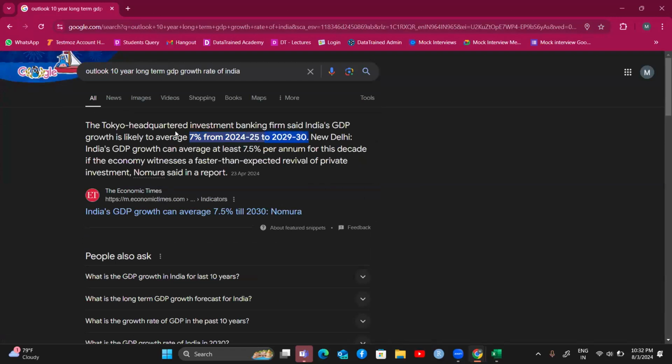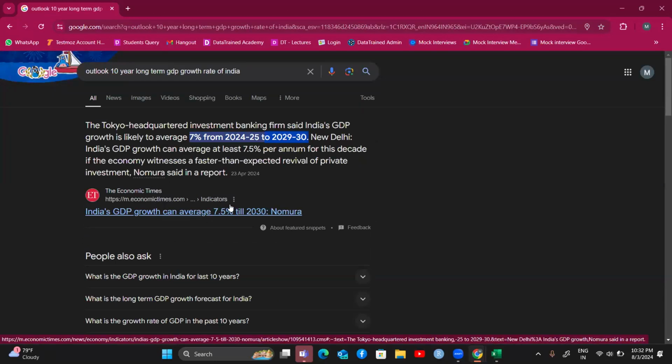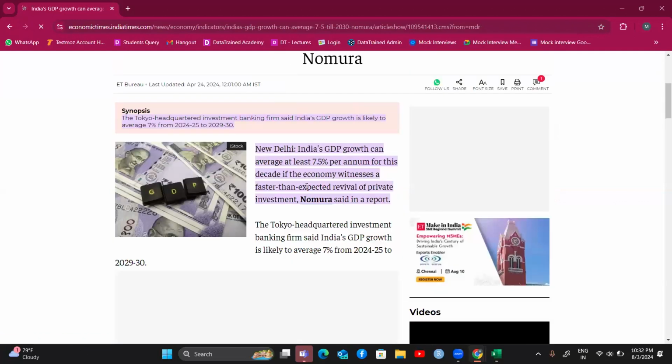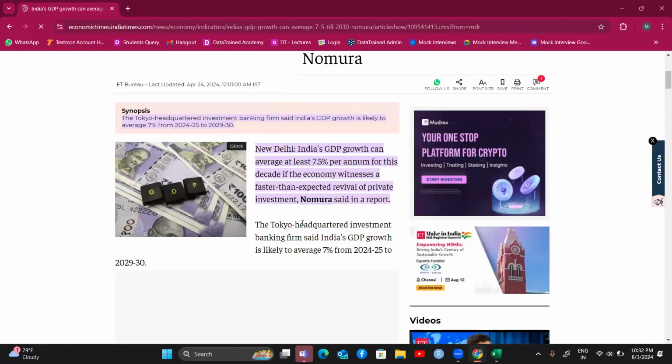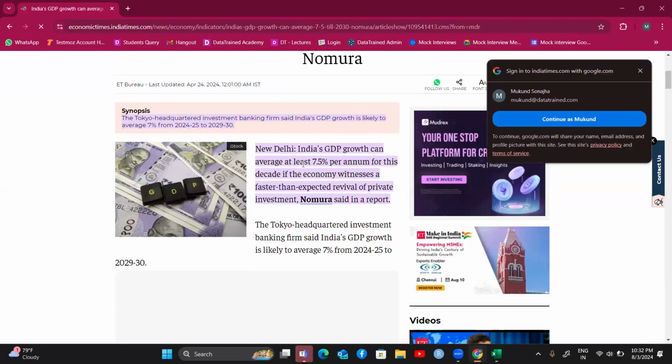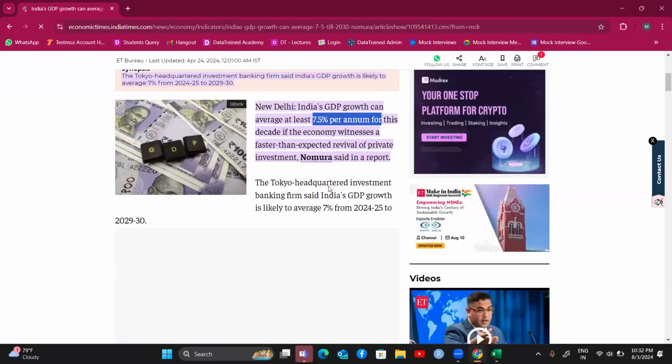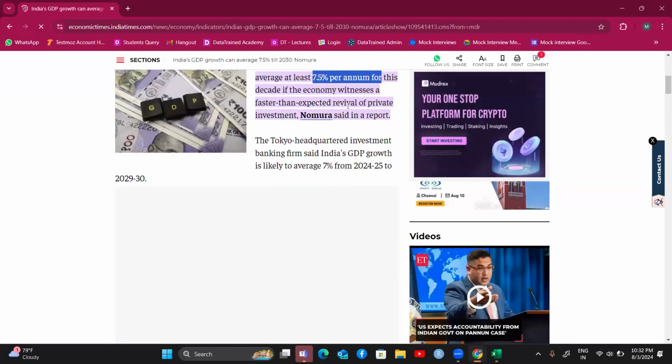It is saying that the long-term growth rate for India would be around 7%. It can average 7.5% till 2023. This is the source. Nomura, one of the investment banks, is saying that India's GDP growth can average at least 7.5% per annum for this decade if the economy witnesses a faster than expected revival of private investment.